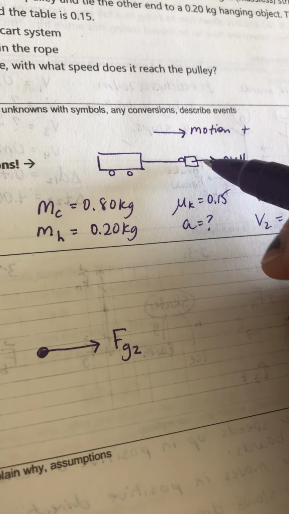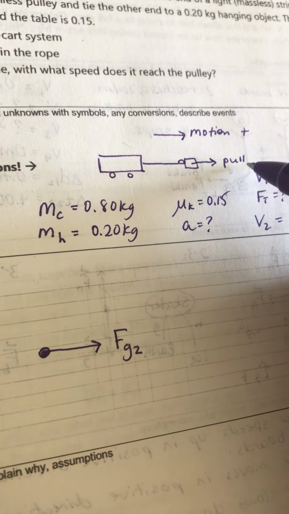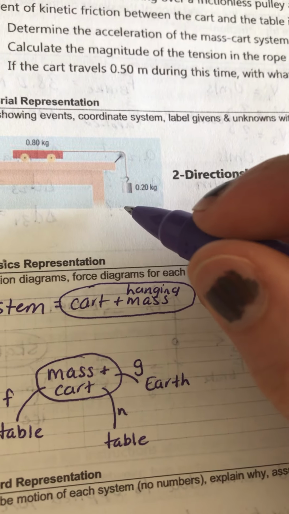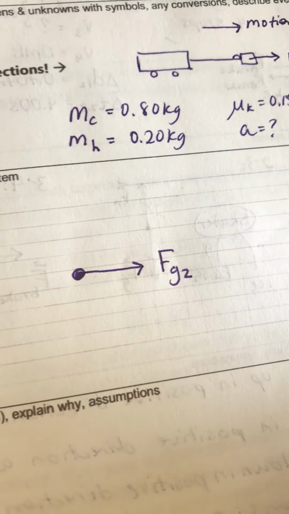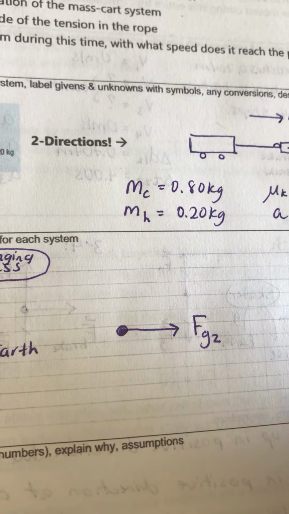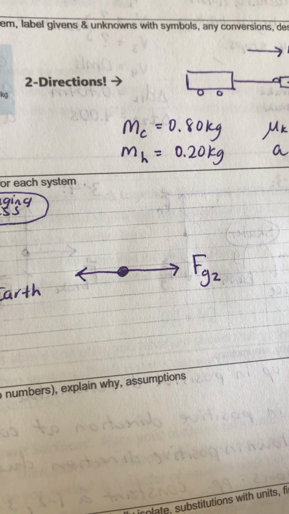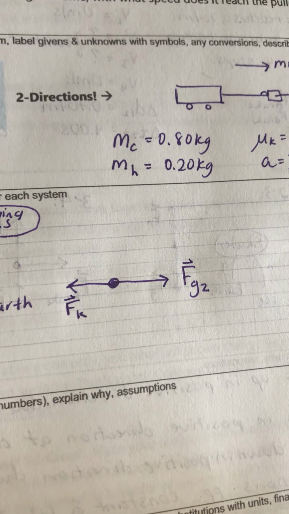We have our mass, and essentially what we've done is we've reoriented it so that it looks like it's being pulled to the right, whereas we know realistically it's being pulled down, but everything's being pulled in that direction. Okay, so FG2 is going to go to the right of our system, and the only thing that's ultimately opposing this is the kinetic friction force on the cart.